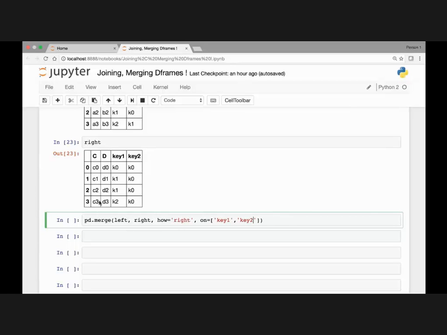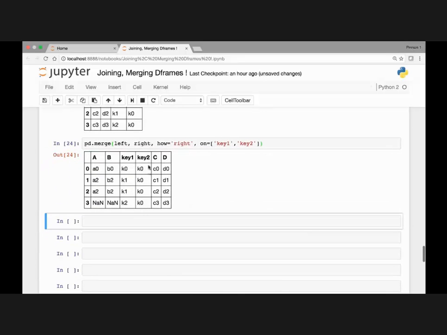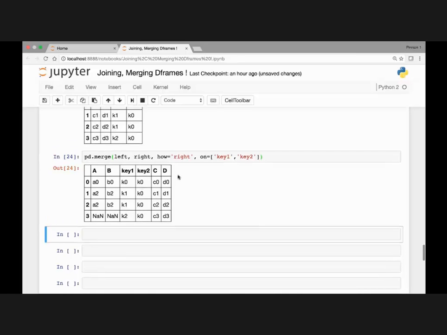And in the right data frame, we'll have C3 and D3. So altogether, we'll have 4 rows. Let's run it. So we have 4 rows, and the last row has no values for the K2 and K0 combination. Okay, that's the merge on right by passing right for the how argument.